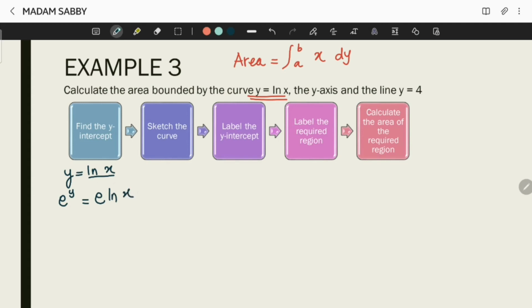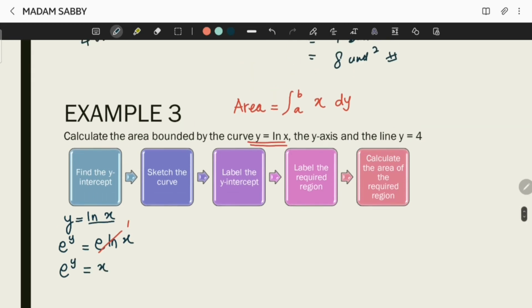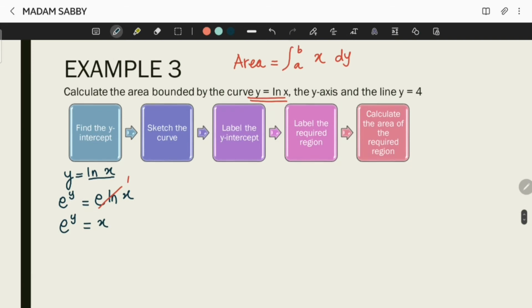When e meets ln, it cancels out. So at the end, we have e to the power of y equals x. This is the new function, which we can substitute into the general formula in order to calculate the area bounded by the curve, the y-axis and the line y equals 4.